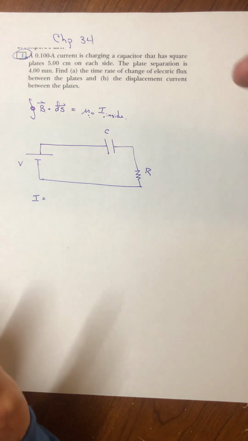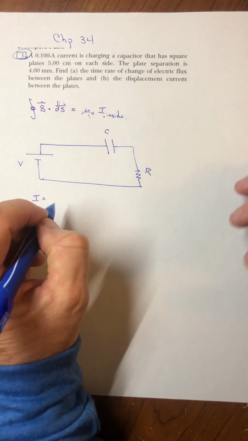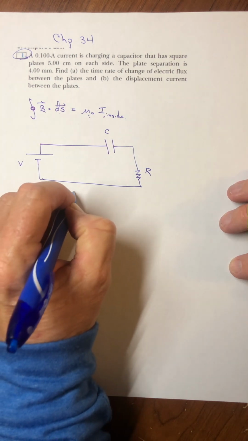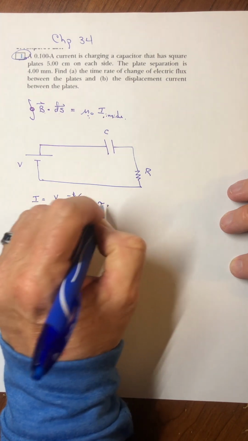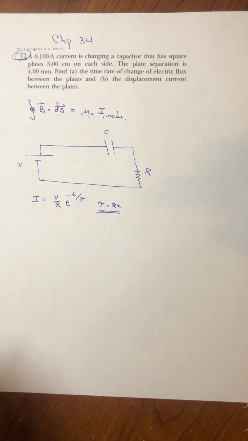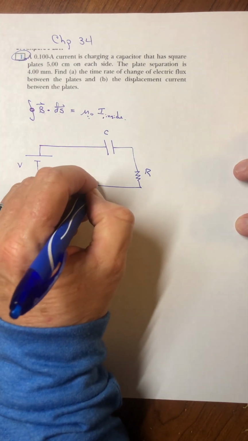This goes way back to chapter 28. It would be the initial current, V over R, times e to the minus t over the time constant, which in this case is an RC time constant, because this is an RC circuit.